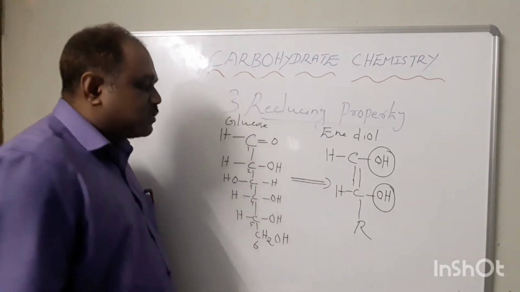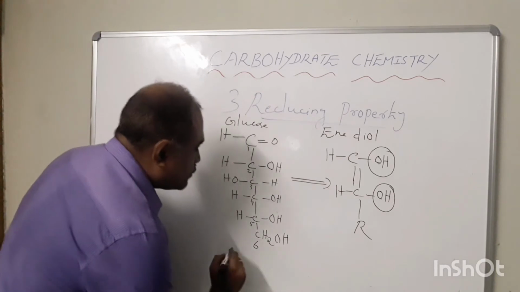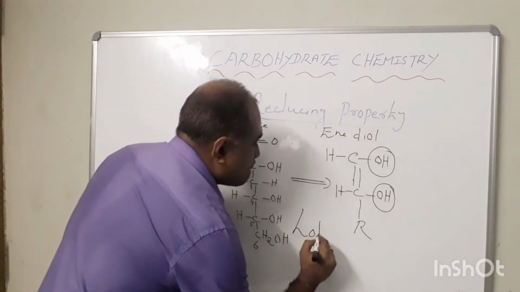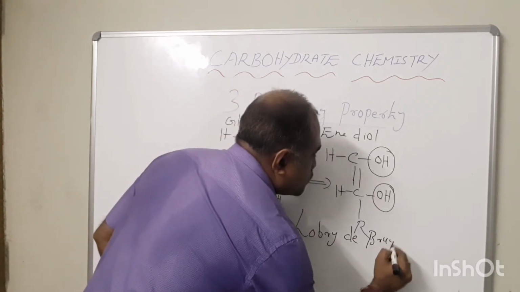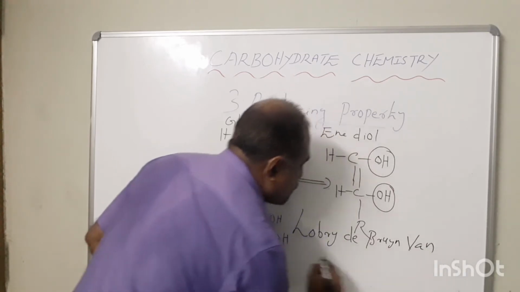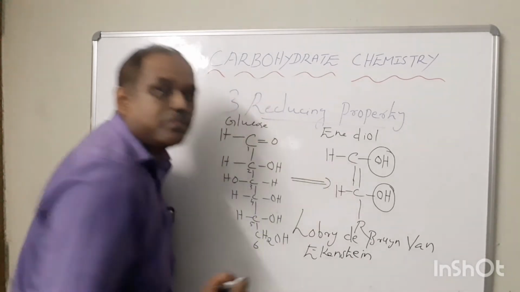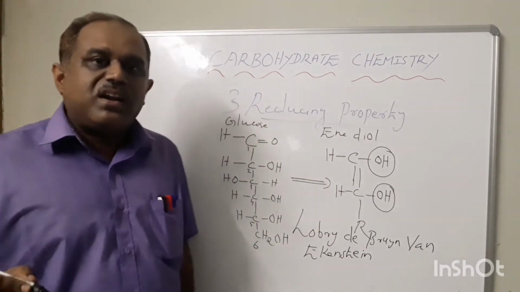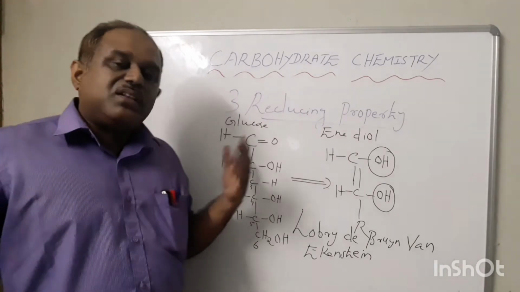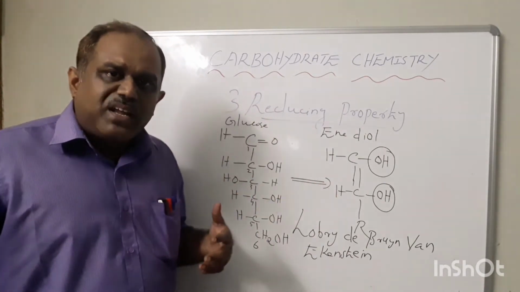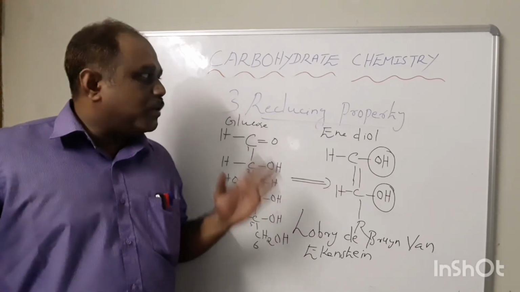This reaction is called the Lobry de Bruyn van Ekenstein transformation. The principle of Benedict's test is based on this reducing property. This I will explain later in detail when I take the practical aspects. So hope you understood about reducing property.